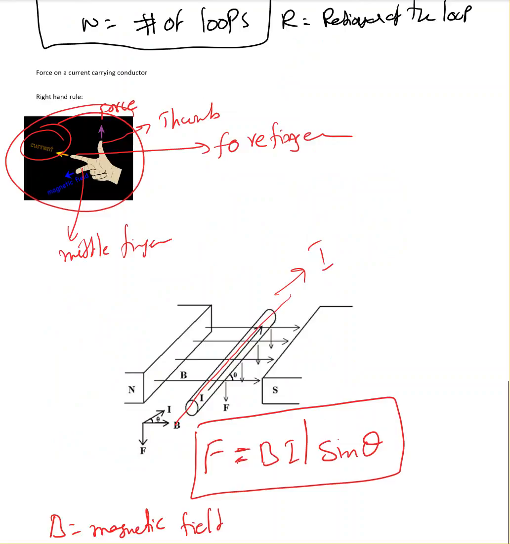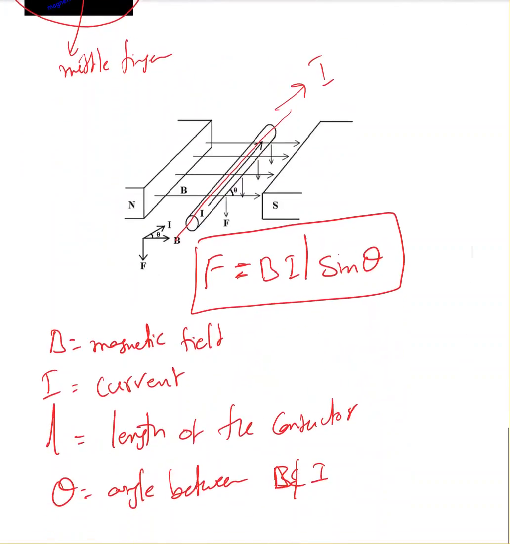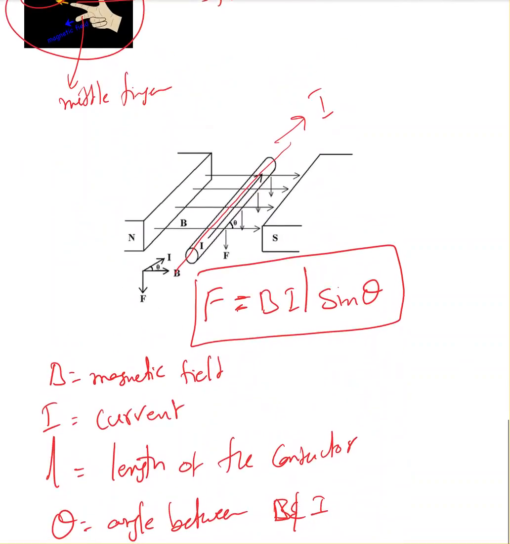Now as I mentioned, every current carrying conductor will experience a force. That force is equal to BIL sine theta. Now if you look at this theta, theta is the angle between B and I. If theta is 90 degrees, here B is going in this direction, I is going into the board or into the paper in this case, then there are 90 degrees.